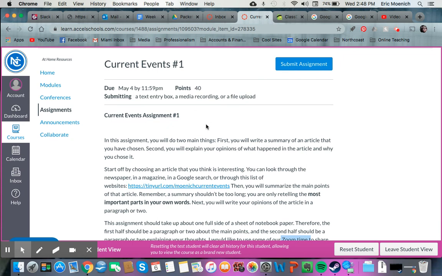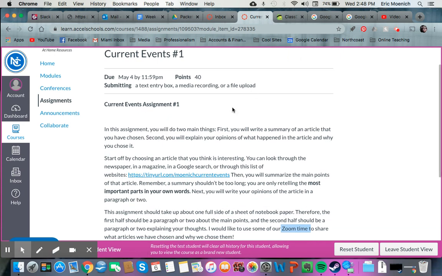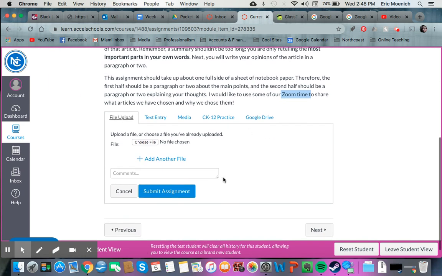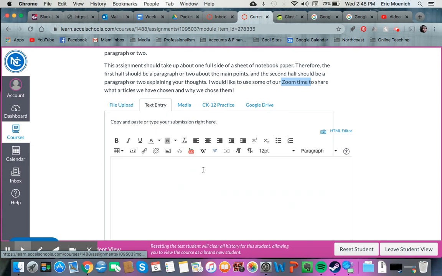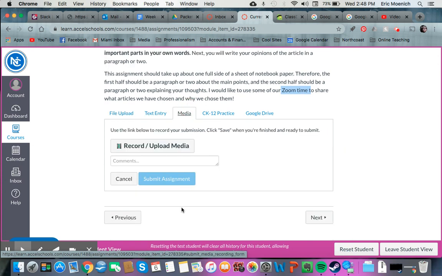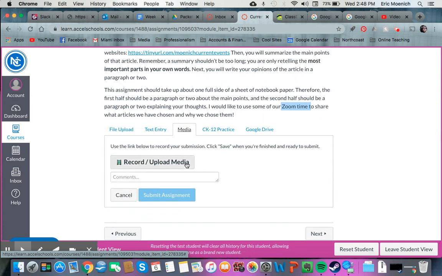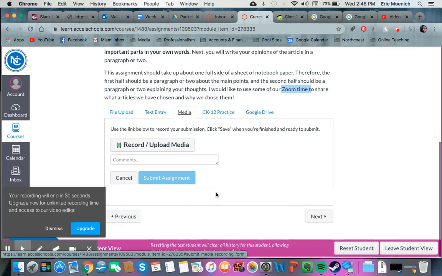So obviously remembering that you go ahead and click submit once you're ready to start writing or ready to upload or whatever, and then you can put it as a file like a Word document. You can type it in the text entry, you can record yourself a video or saying it or rapping it, who knows, whatever you want to do, right? I guess maybe not rapping this assignment, but you get my point. And then Google Drive, if you like Google Drive, you could always upload your assignment through there.